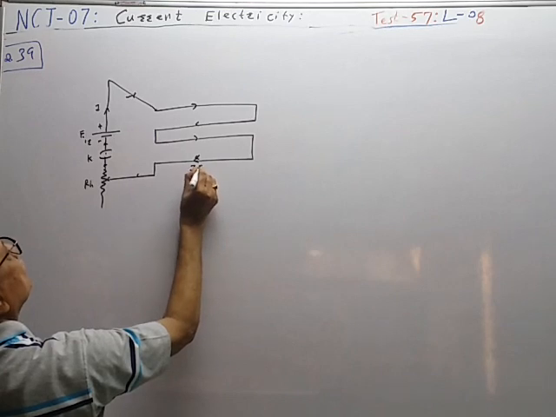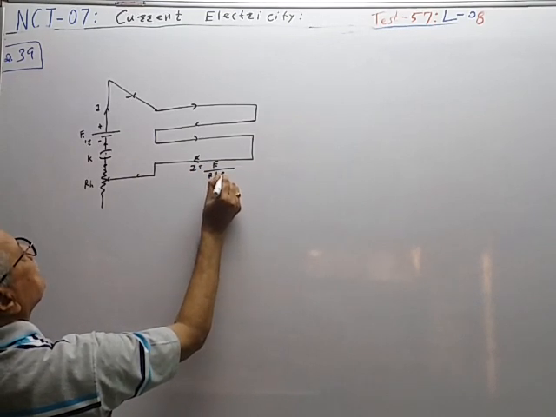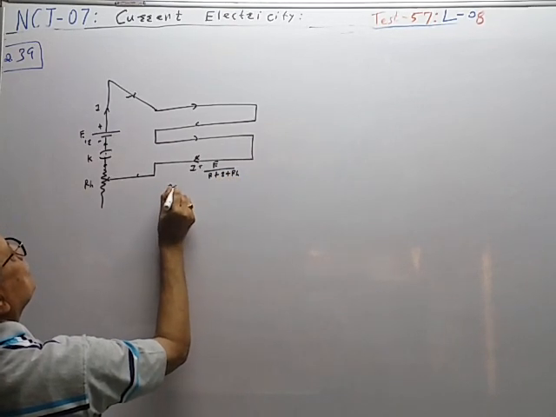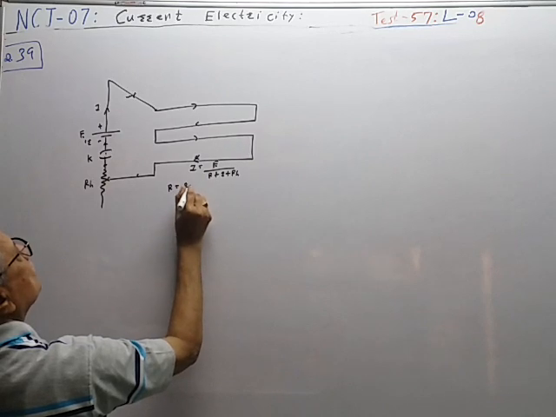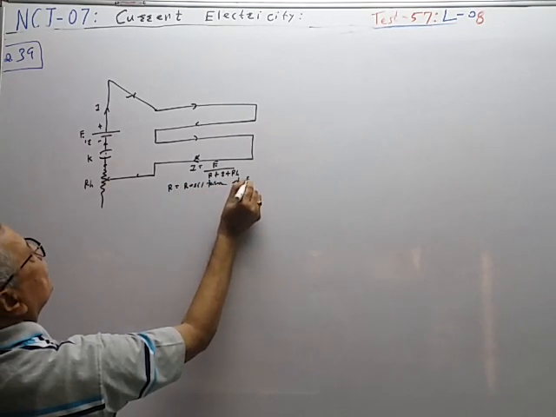So I is equal to EMF E upon R plus RH. R is equal to resistance of wire AB.